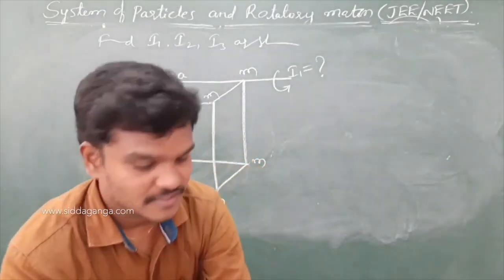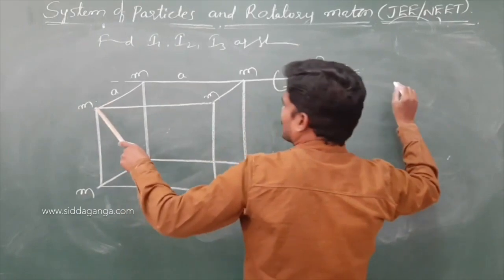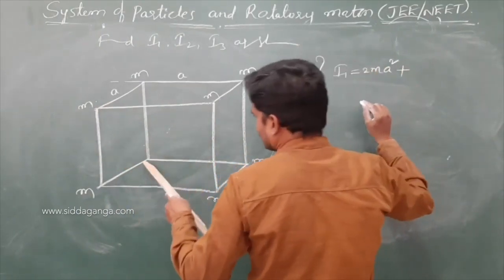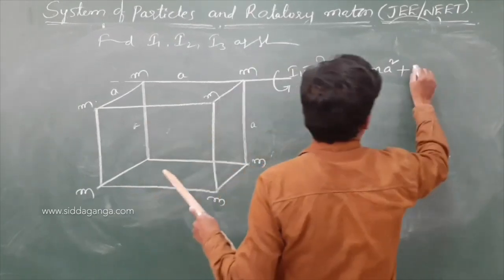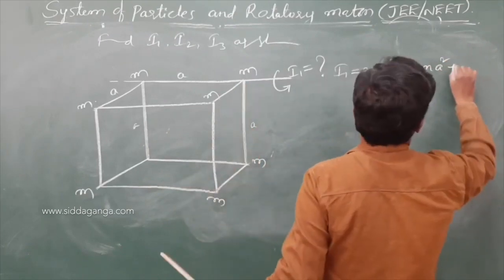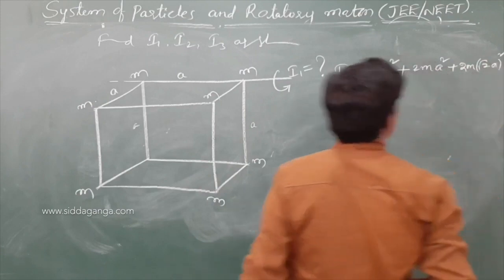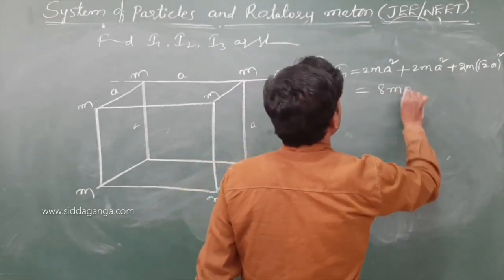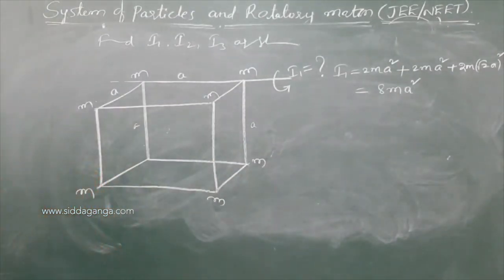So I1 is equal to these two particles 2M into A square. Other side, two particles, this is also A, symmetry. 2M into A square. And this one is a distance of root 2A, 2M into root 2A square. You will get 8M A square. Check it.